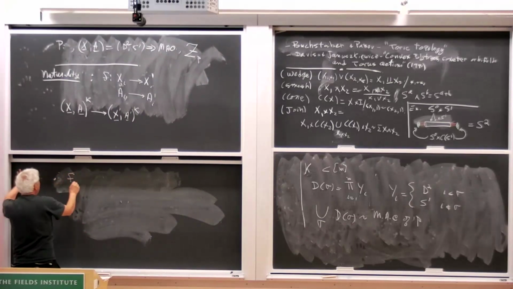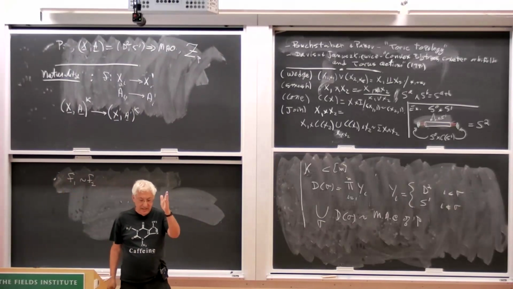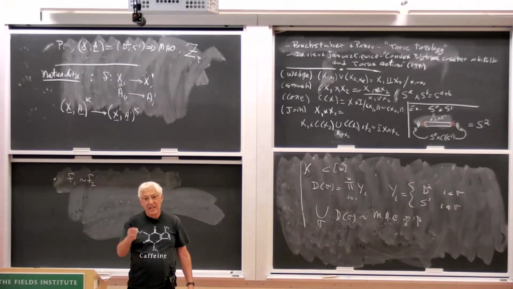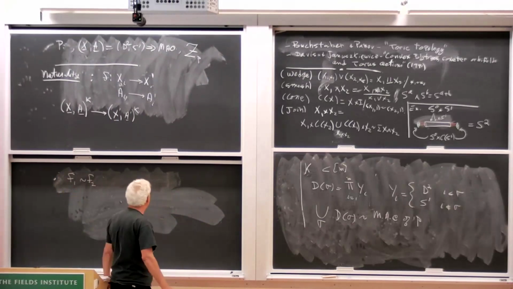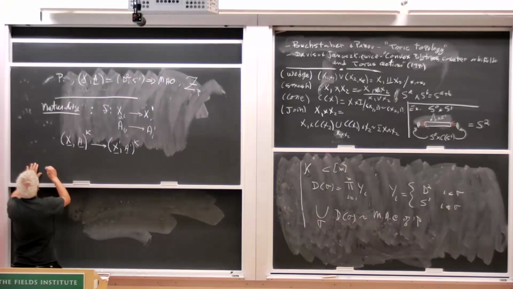One can also show, if I have two maps which are homotopic as maps of pairs. So I have maps of pairs and restricted to X, they're homotopic, and restricted to A, they're homotopic. Then I guess I should give a name to this.